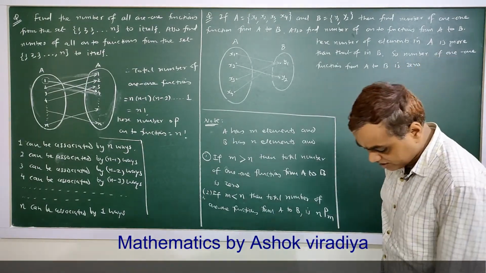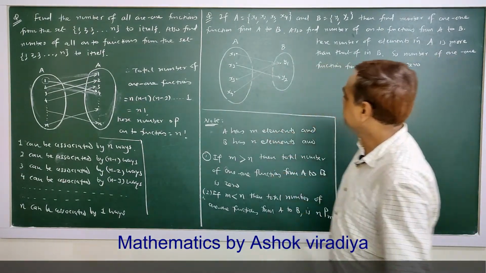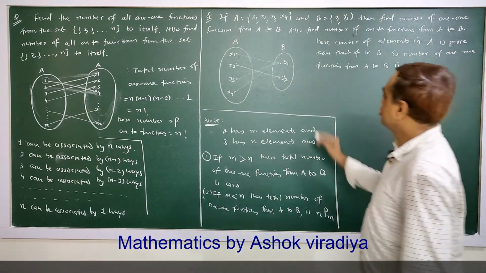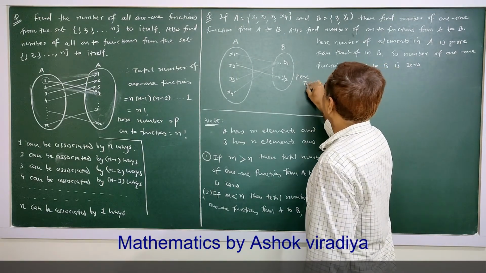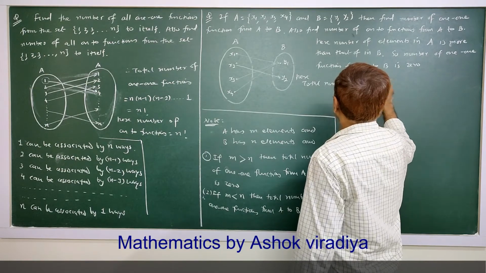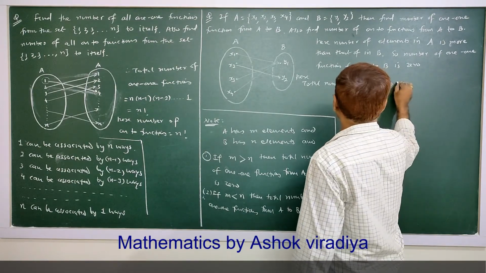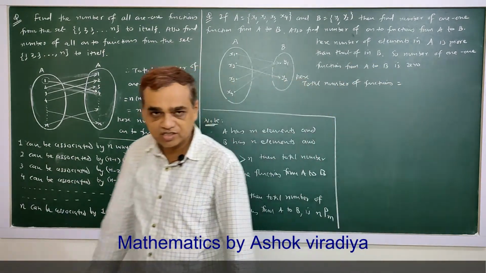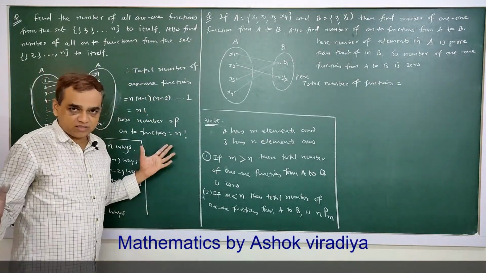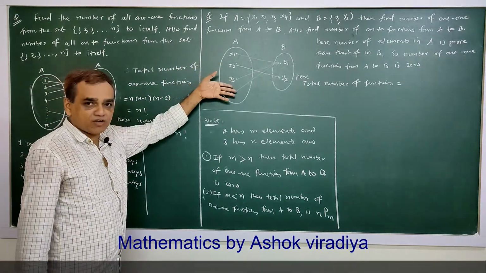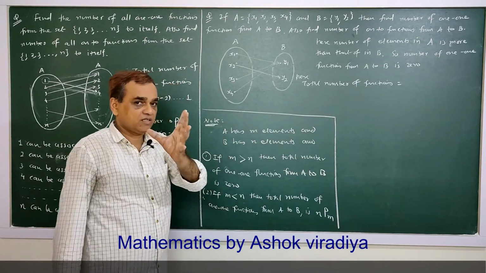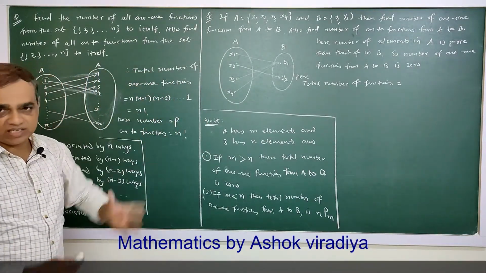For onto functions, first of all we find the total number of functions, whether 1-1 or not 1-1. Obviously here there will not be any 1-1 function. So whatever the total number of functions is, none will be 1-1. All functions will be many-one.